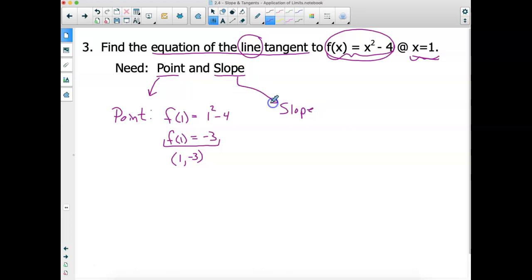Well, my slope in calculus, how we're going to dictate this is we found this back in the previous slide, our previous 2 slides, okay? What we did is we found that f prime of 1, and what did f prime of 1 actually equal? It equaled 2. So that tells me the slope is 2 at x equals 1.